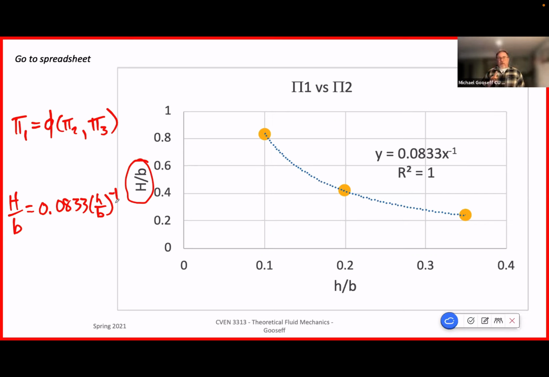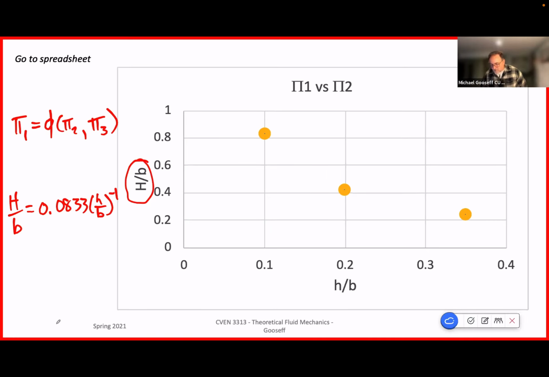Now, real quick, just as an aside, I did plot all of this in Excel. It was fairly straightforward to go from this step to when I was at this step. I could right click on one of the data points, and when I did, I got options for fitting a curve to the data. And then you can choose what type of curve you want to make that. Is it linear? Is it exponential? Is it logarithmic?